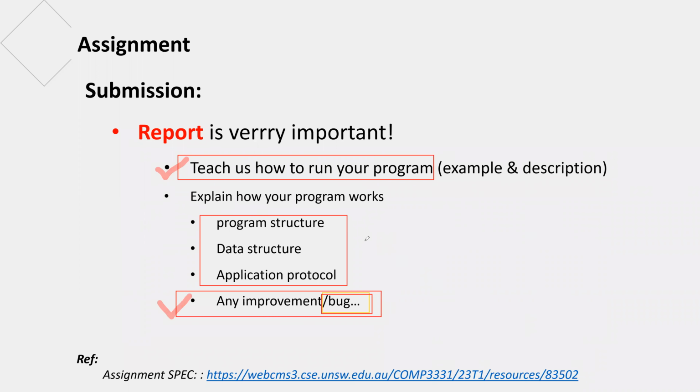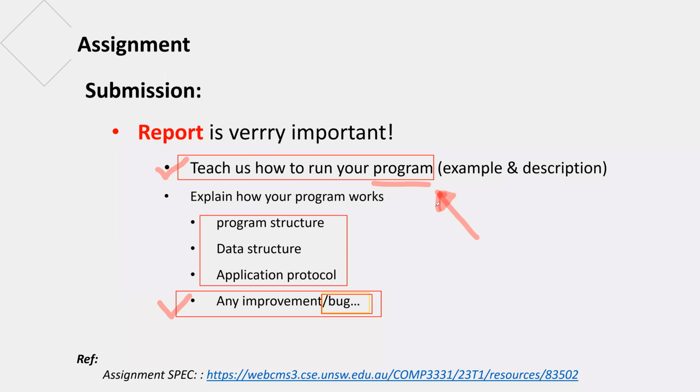And usually you will get a free mark for the report, even if you only have this part, okay? So do the report anyway. We will not be very picky and strict on the report. So if you have time, it's a free mark for you. Just do it. And if you don't have the report, it's still okay. We will run the program in our own way.